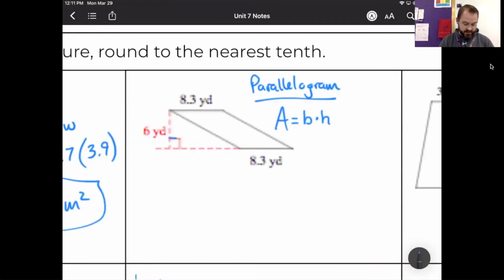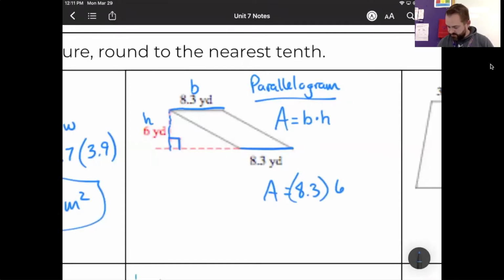So you see this right angle, that tells you this measurement is your height, and it's perpendicular to this side or perpendicular to a line containing the opposite side there. They're both 8.3. So that's your base. Okay? So my area is that base of 8.3 times the height of 6. So we do 8.3 times 6, and we get 49.8 square yards.